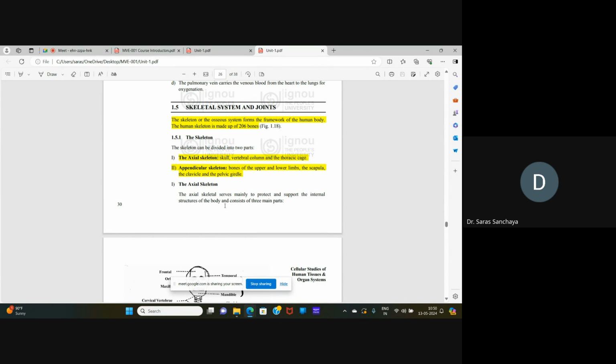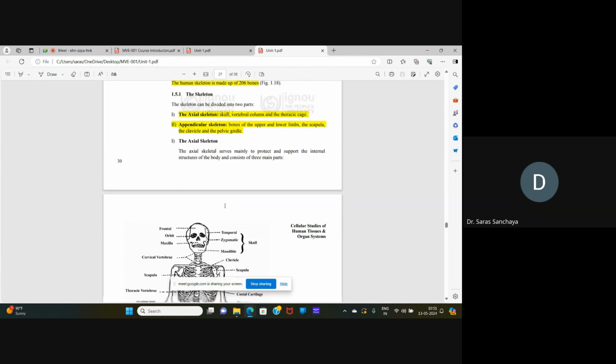The axial skeleton contains the middle part of the body, that is the skull, vertebral column, and thoracic cage. The appendicular skeleton consists of the bones which help in locomotion, that is the bones of the upper and lower limbs, the scapula, the clavicle, and the pelvic girdle.